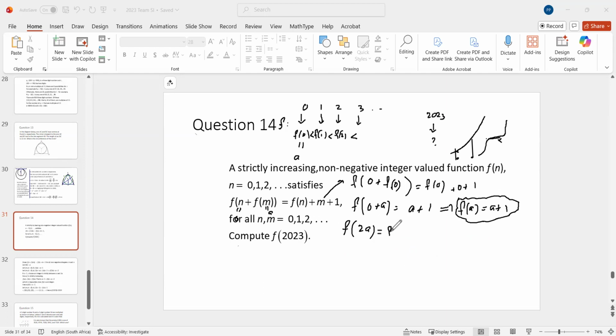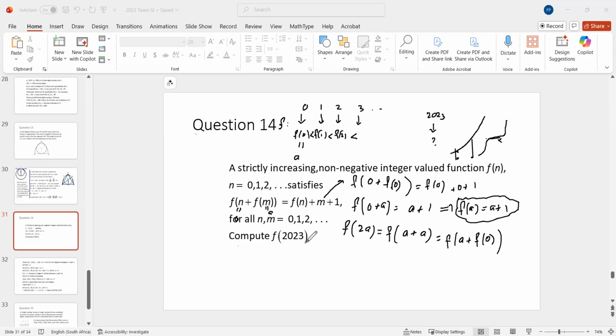Now why is that? I've got 2a is a plus a, you see. And a is f(0). We said f(0) is a. I'm going to put a, and the second a I'm going to make f(0).